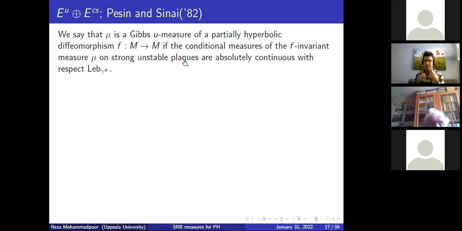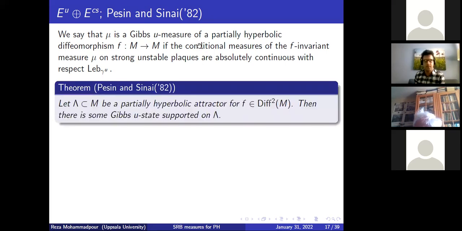The reason it's called a Gibbs-u measure is that, considering the case of uniformly hyperbolic or Anosov diffeomorphisms, the Gibbs measure for the potential minus log of the derivative of the function restricted to the unstable direction is a Gibbs measure, and this Gibbs measure in fact is an SRB measure. That's the reason it's called a Gibbs-u measure. But here I'm talking about the partially hyperbolic system.